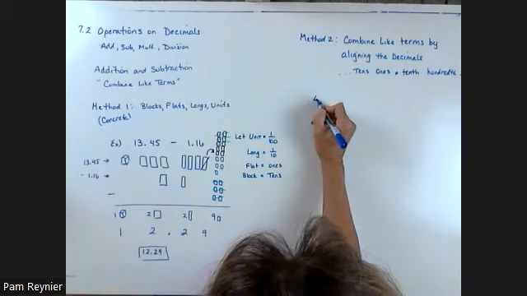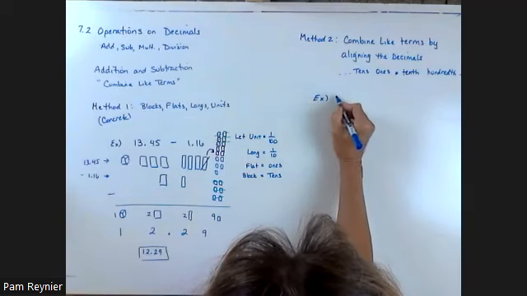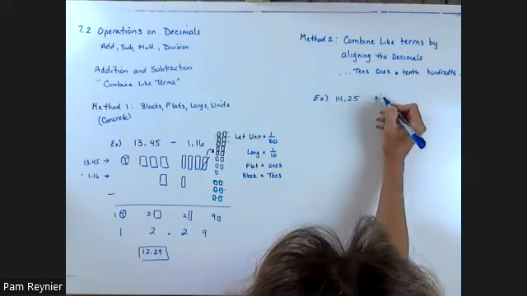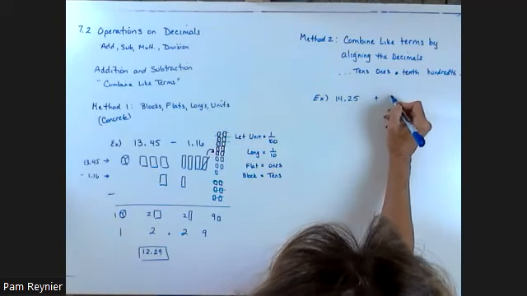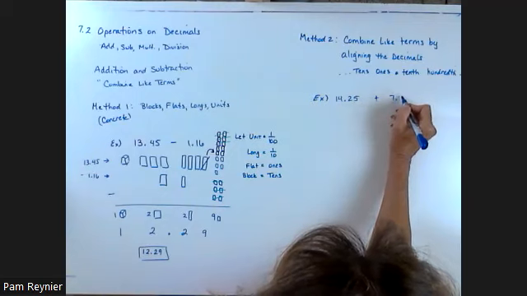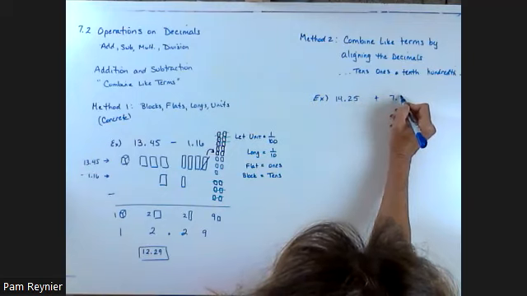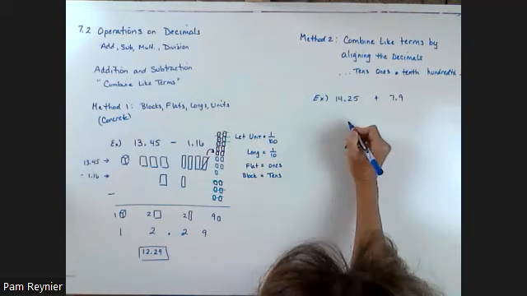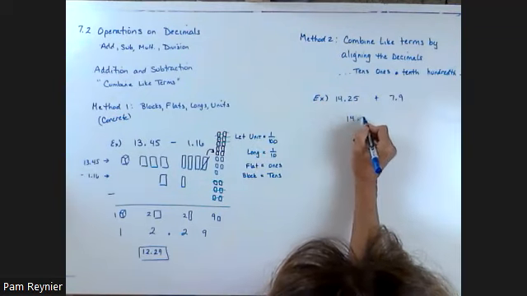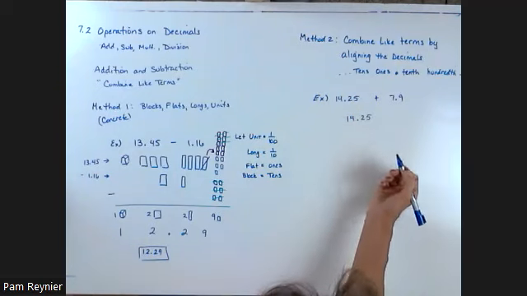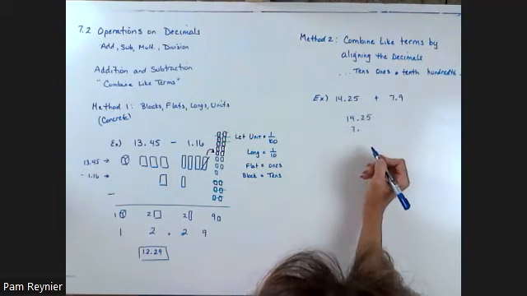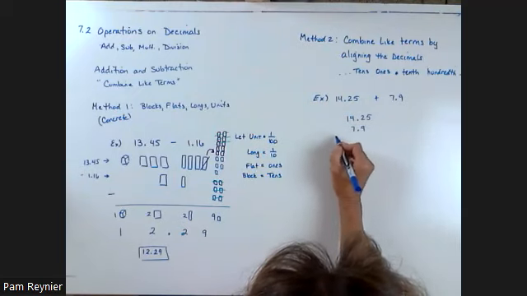So for example, if we have 14 and 25 hundredths added to 7 and 9 tenths, if we align these vertically, 14 and 25 hundredths, always line up the decimal point. So this would be 7 whole units and 9 tenths.